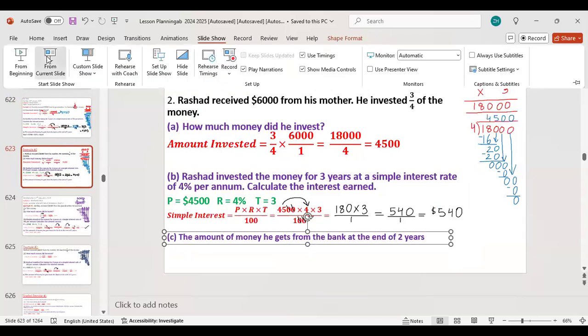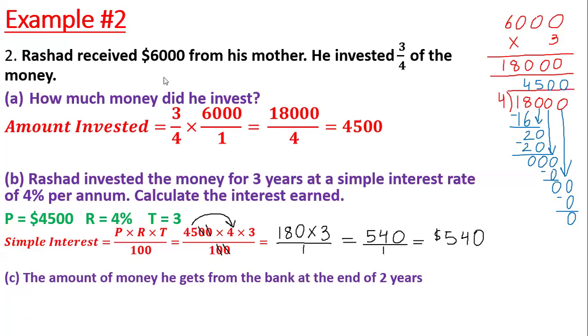It's going to be 4,500 plus 540, equal to 5,040.